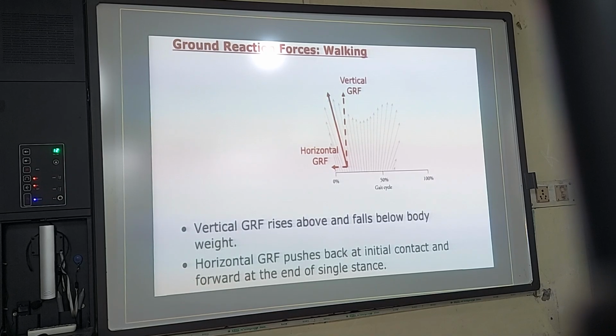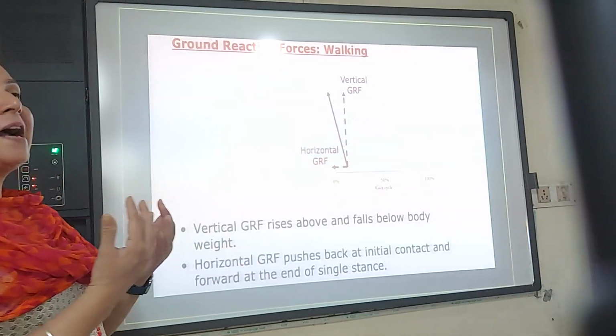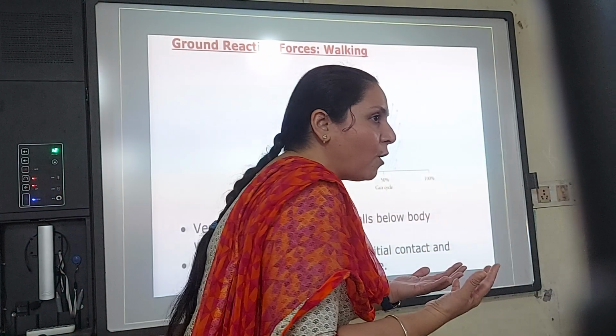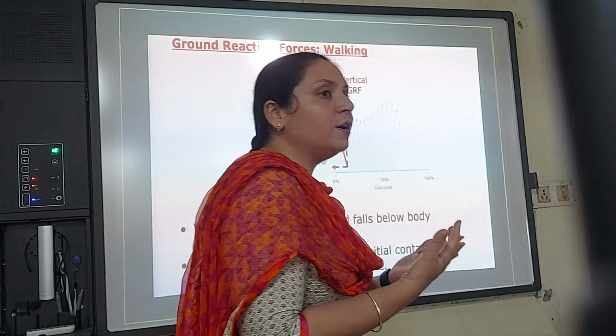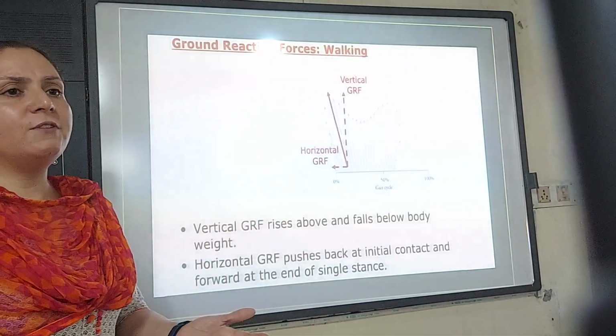Pushback, as soon as we heel strike, there is a pushing back movement, as I told you in double limb support. Did you see? As soon as we heel strike, there is a pushing back support. We don't move forward. If we start moving forward, the trunk will fall off. Do we ever fall when we walk?